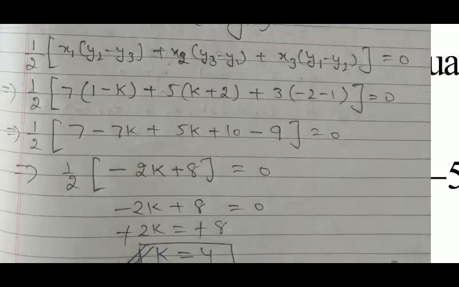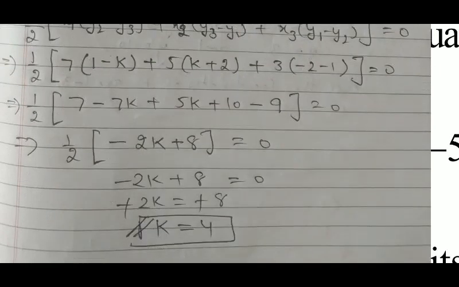Then 1 by 2 into (-2k plus 8) equals 0. Do cross multiply because 1 by 2 is common, and after this we will get here -2k plus 8 equals 0, and find the value of k, which is k equals 4.